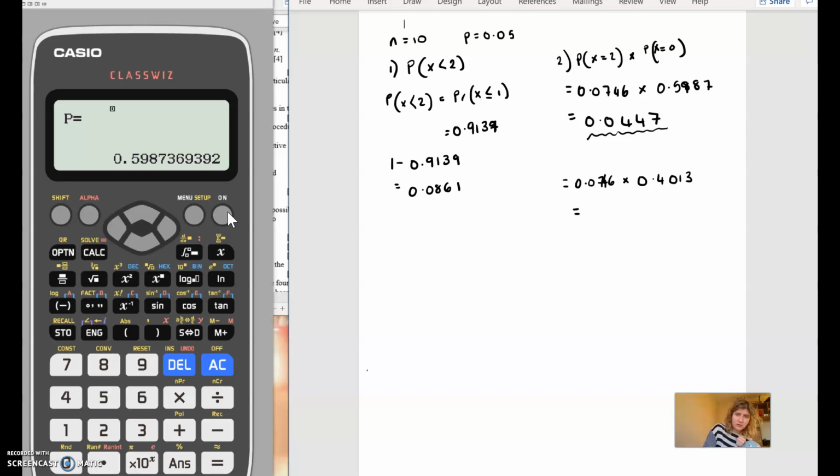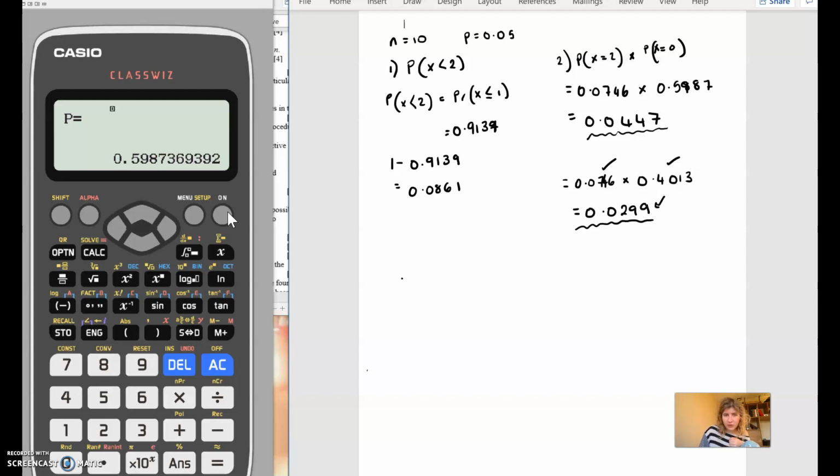So that gives us 0.0746 times 0.4013. So this would be 0.0299. Now that's the probability that we would reject this, because we found that there are 2 faulty in the first sample, and then we found that there are more than none that are faulty in the second sample. So our total probability is about 3% for that one.